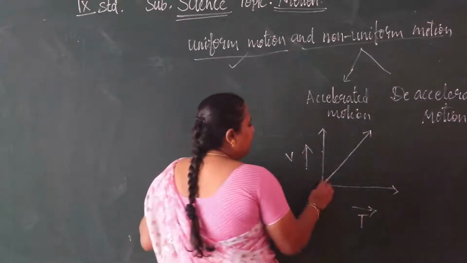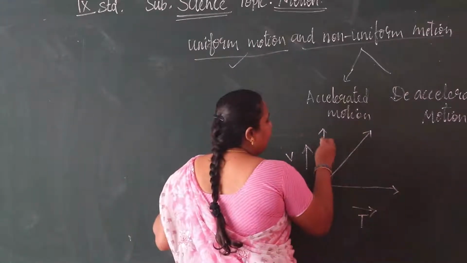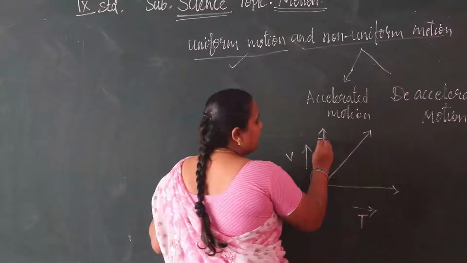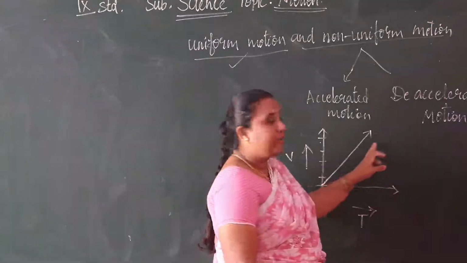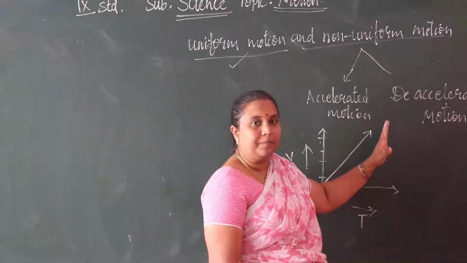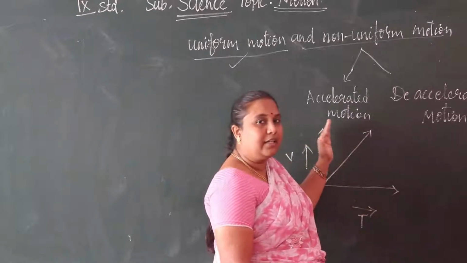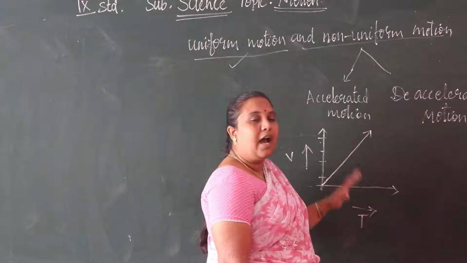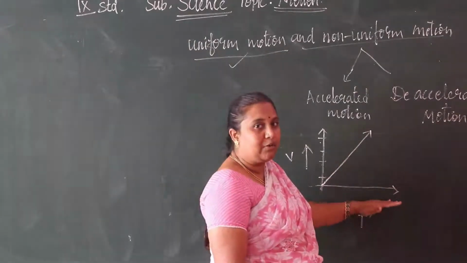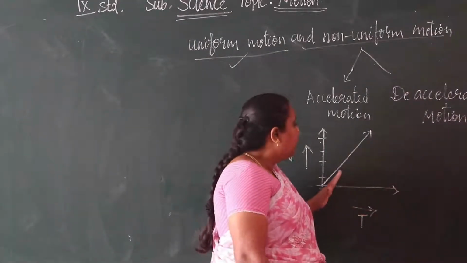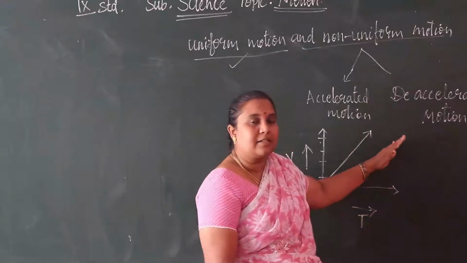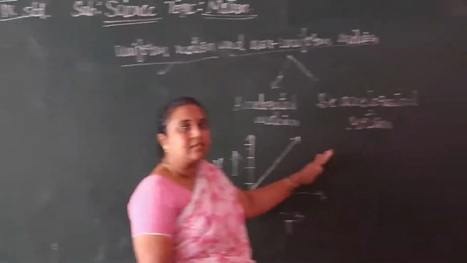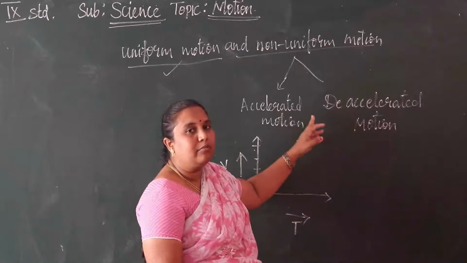From here to here and from here to here, different distances in the same intervals of time. So unequal distances and same intervals of time, where the velocity increases, we can say is accelerated motion.